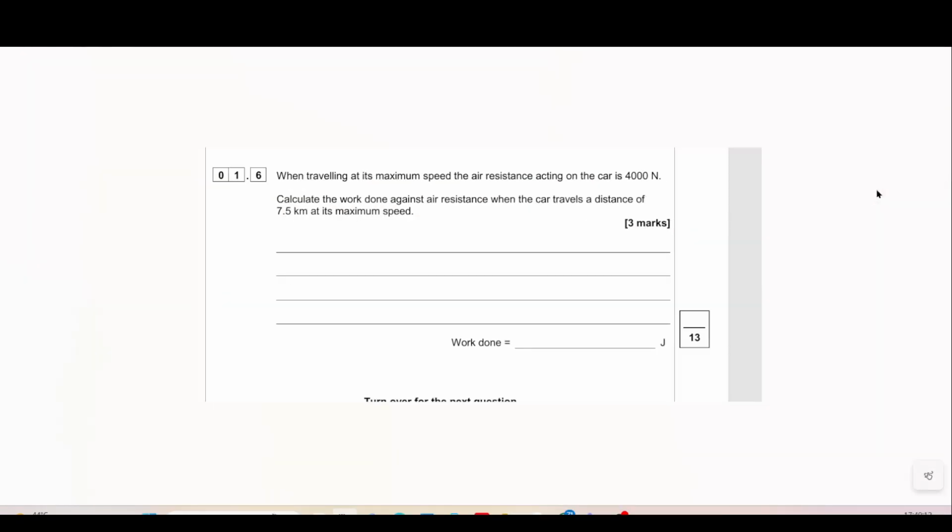You do 4,000 and then you multiply it by. Do I have to change 7.5 kilometers into meters? Kilometers to meters? 7,500 meters. Yes, exactly. 7,500 meters.